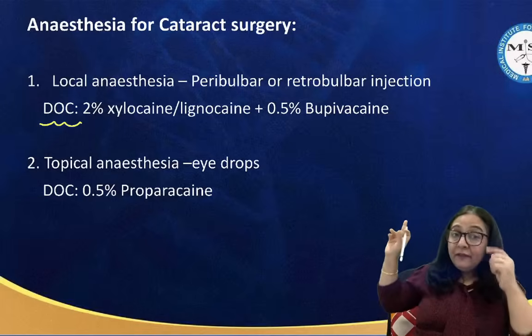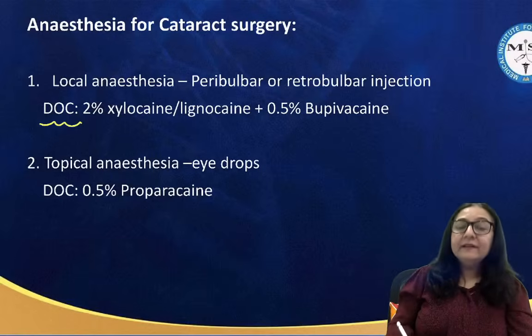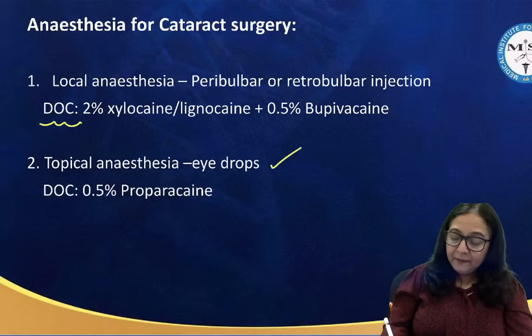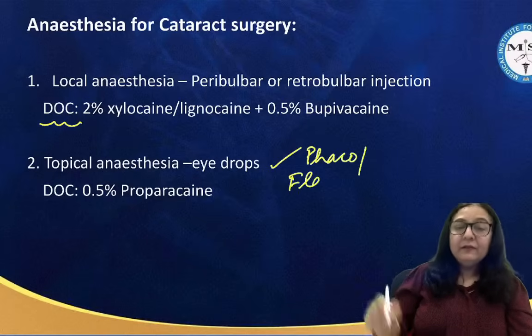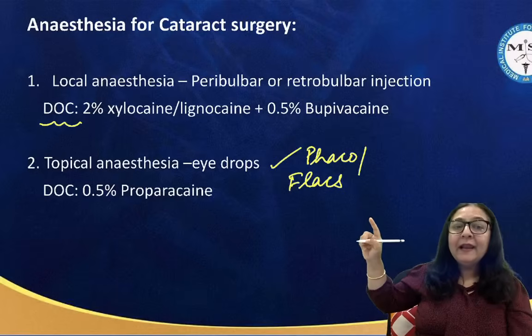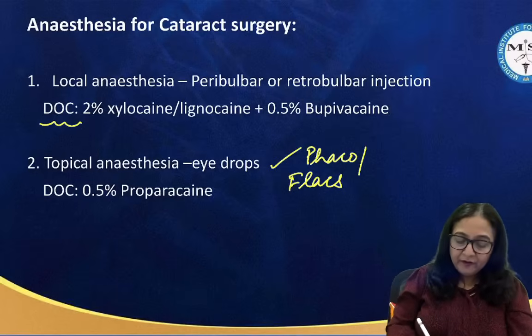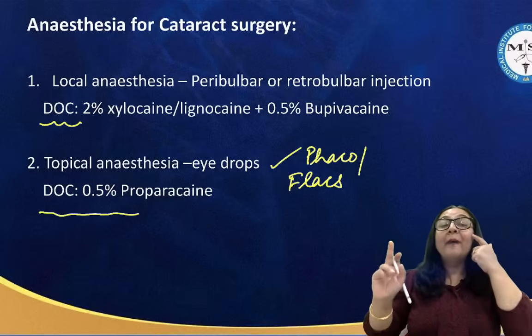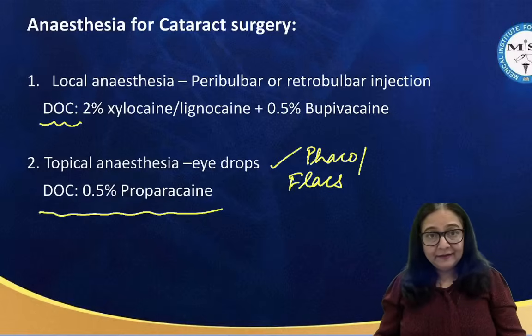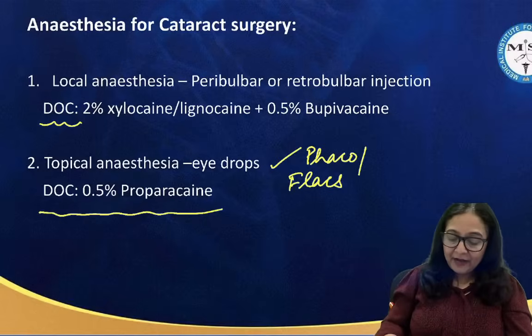If you are doing topical anesthesia, which is the anesthesia of choice, especially for phaco or for flax, just the eye drops, the drug of choice is 0.5% proparacaine. So this is about anesthesia for cataract surgery.